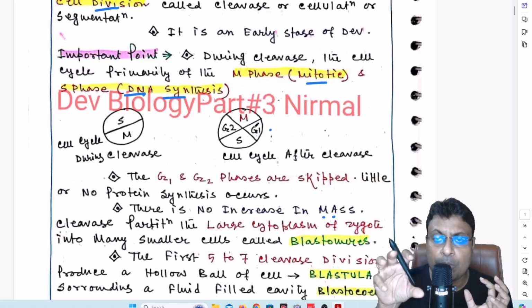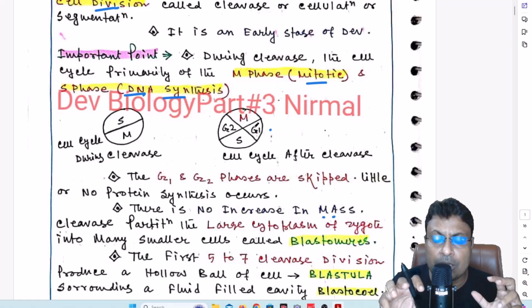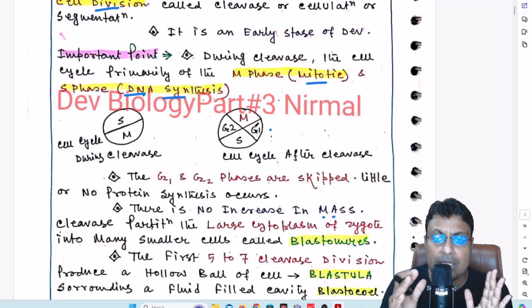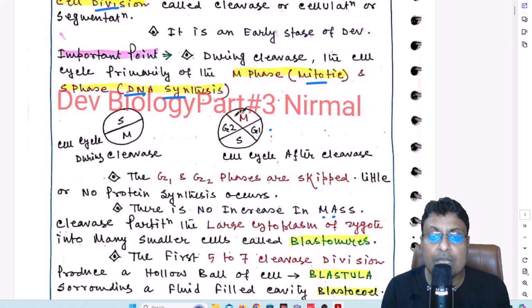The size of the morula will be equal to the size of the zygote, but the morula is a multicellular structure, and the volume of the zygote and the morula remains the same, because the cells of the morula are the result of the mitotic cell divisions of cleavage. But since no growth phase can be seen during this time, the cells become smaller and smaller, right? And the cells formed by the process of cleavage are known as blastomeres.